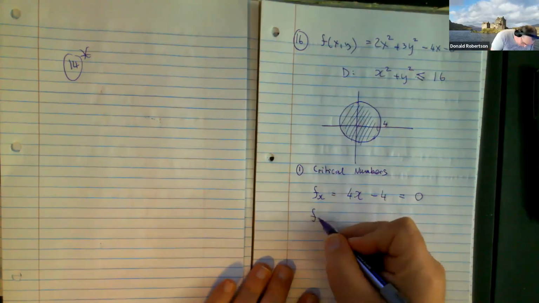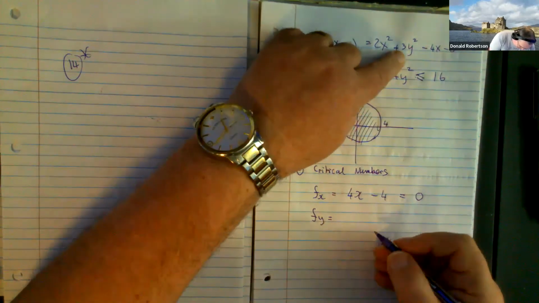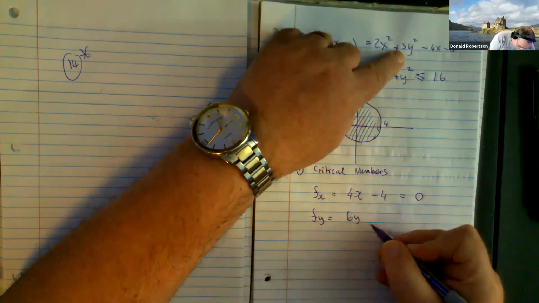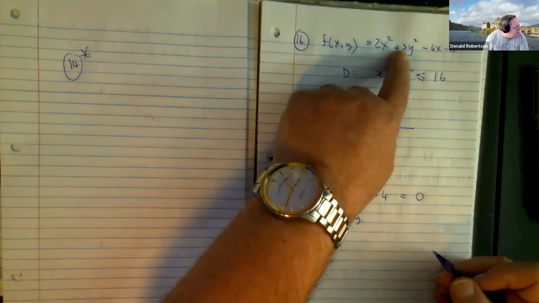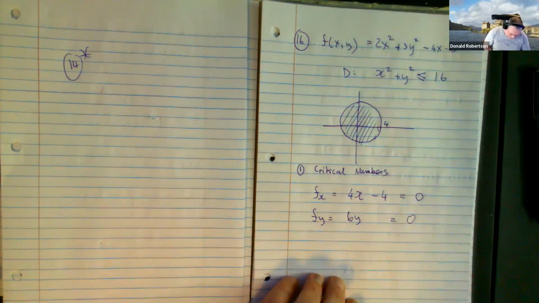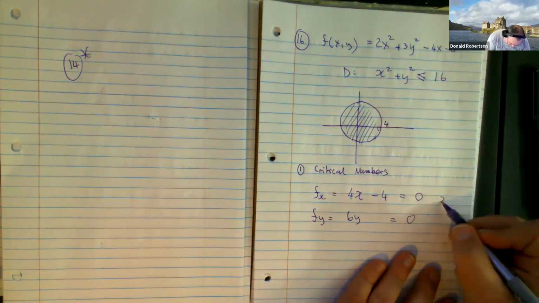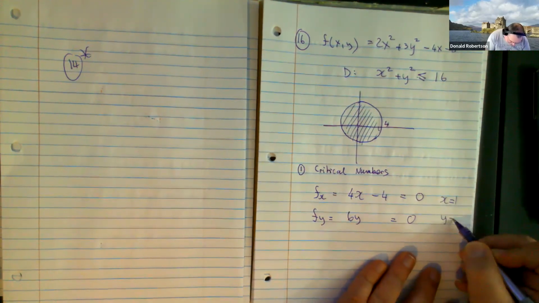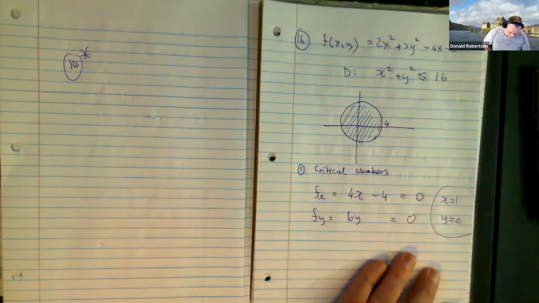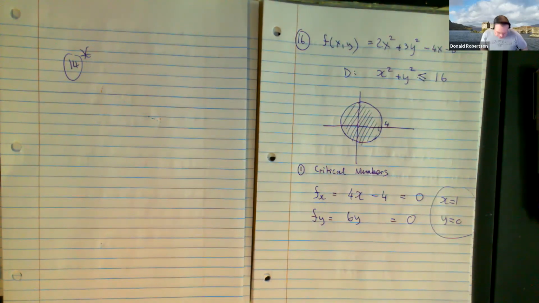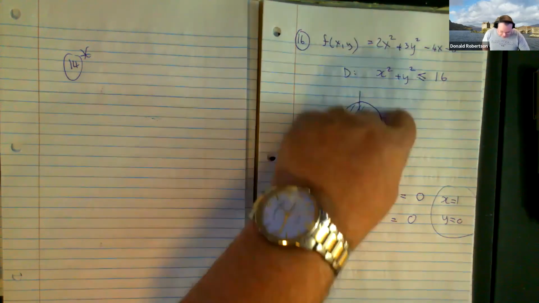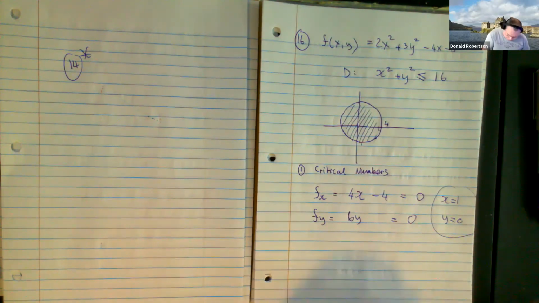And the partial derivative with respect to y then is what? 6y. Is that it? Well, I don't think I need to do any real heavy duty lifting here. Would you agree x equals 1 and y equals 0? Right. Is 1, 0 inside my region of interest? Yeah.